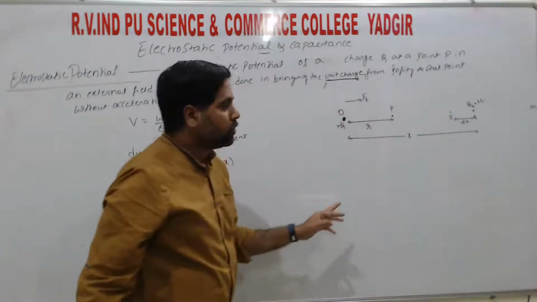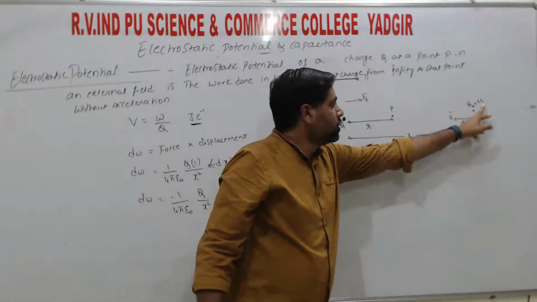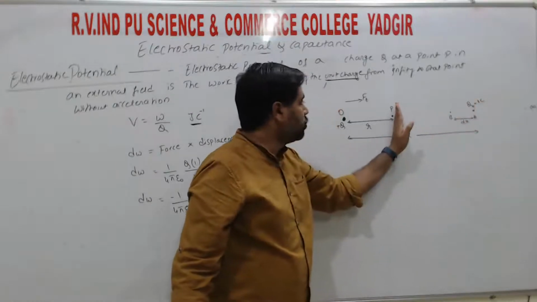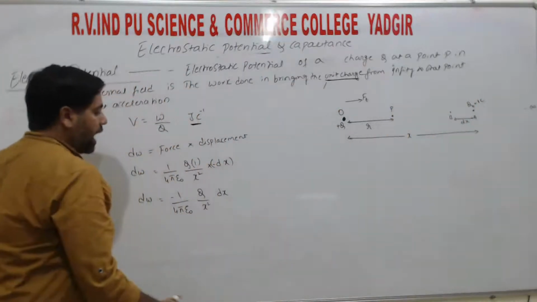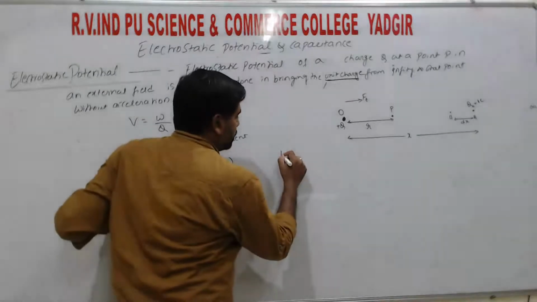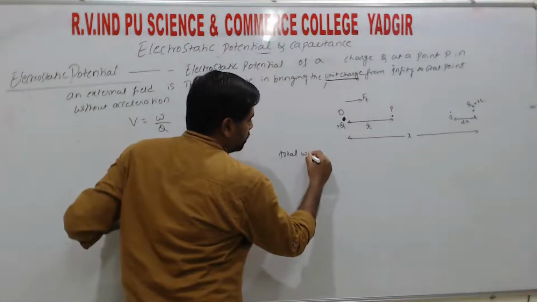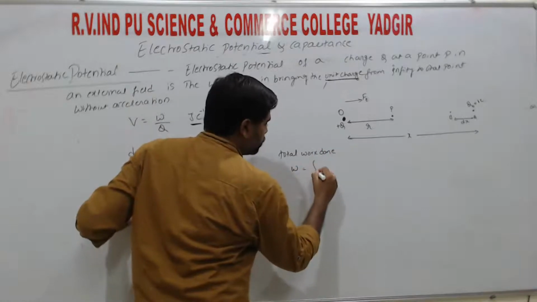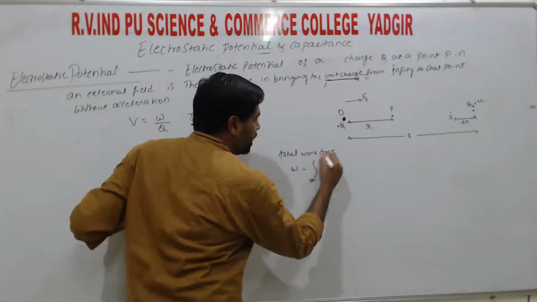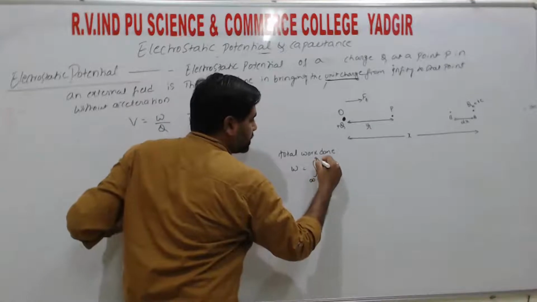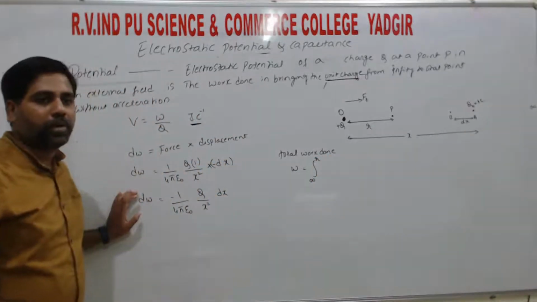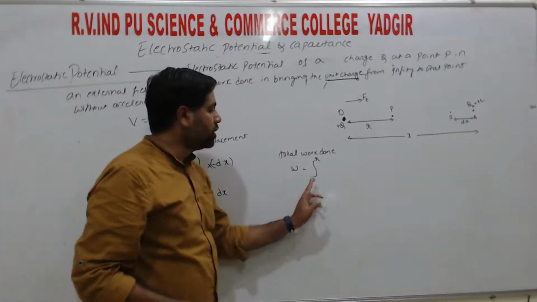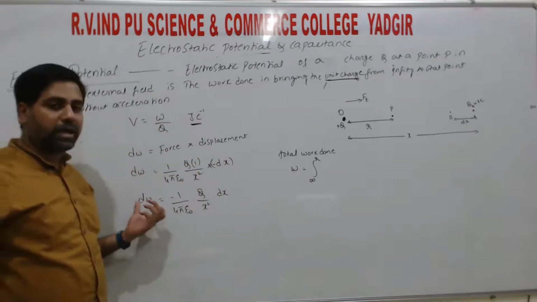We need the total work done to bring the charge of 1 coulomb from infinity to this point P, so we have to integrate this. The total work done W is equal to the integration from infinity to the point at a distance R of the work done dW.